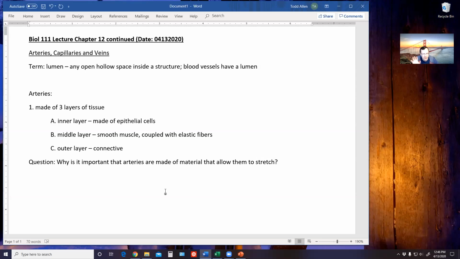If you know the answer, please type that into the chat window, or perhaps unmute your microphone and speak up. Why is it important that arteries are made of material that allow them to stretch? What do you think? Anybody?